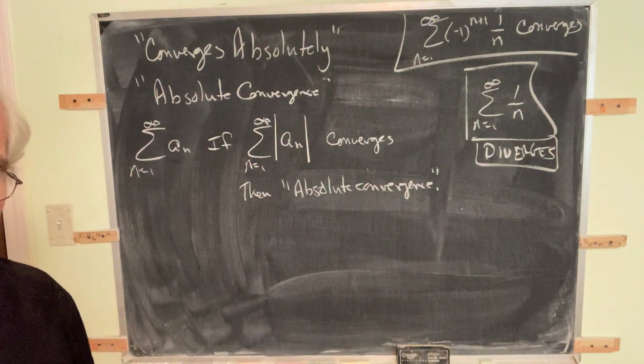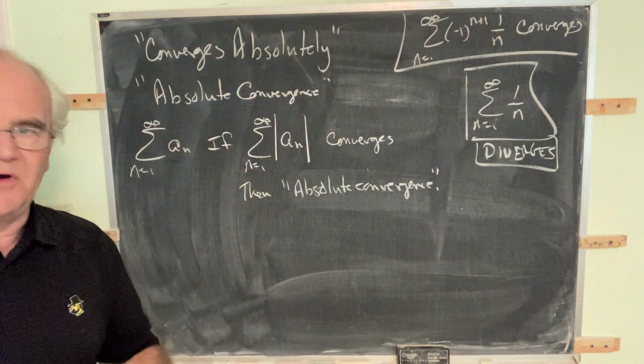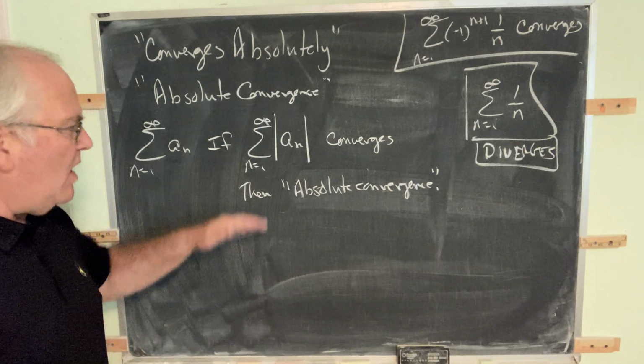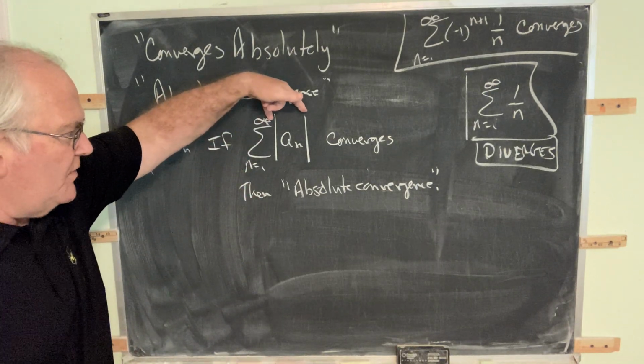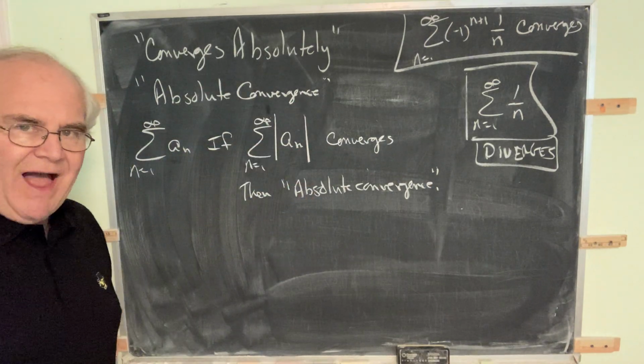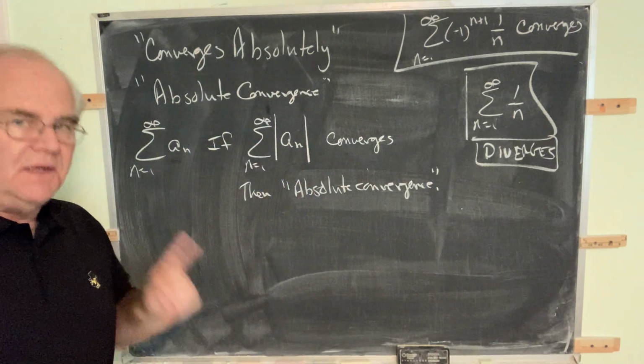Why you throw in the absolute value and where that comes from is a question we're going to answer pretty soon. But for now, if for whatever reason you throw in the absolute value, and if this converges, then you have absolute convergence.